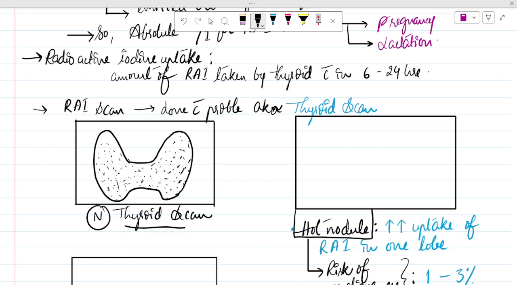But for example, wait, just 1 minute, I'll draw it neatly.